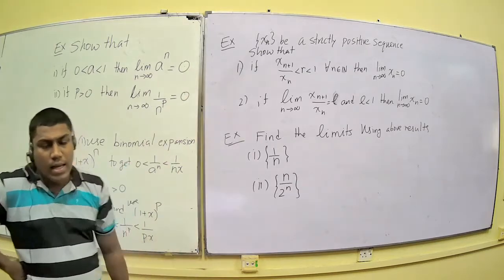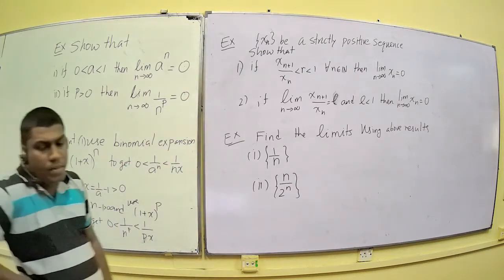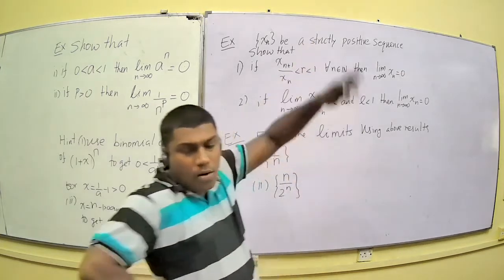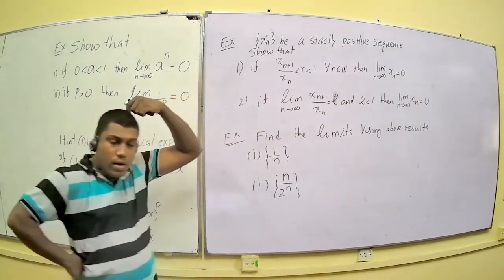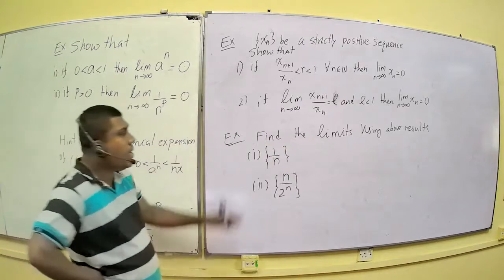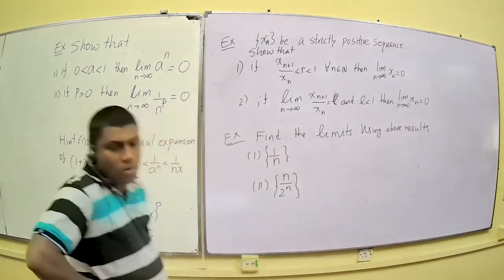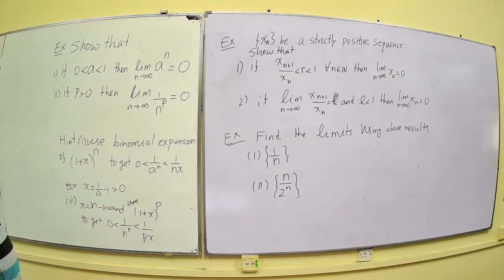So it's basically a decreasing sequence, right? And it is a positive sequence, so all the values are bigger than or equal to 0, right? So in that case, you see that the sequence goes to 0 if the limit exists, right?